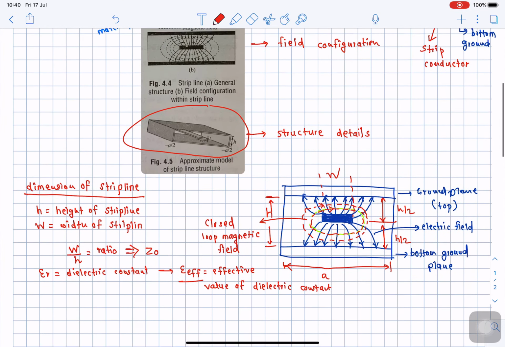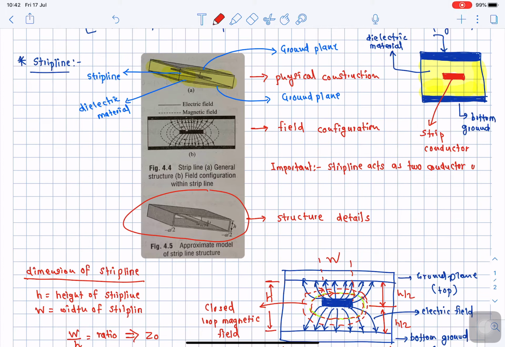Please remember, here it is a very important point. Strip line acts as a two conductor system, or you can say two conductor wire. So it is as good as a two wire conductor system.